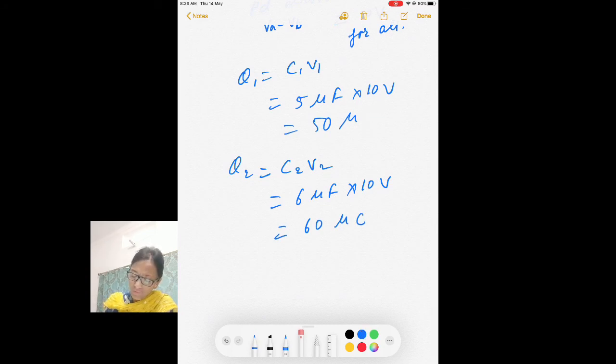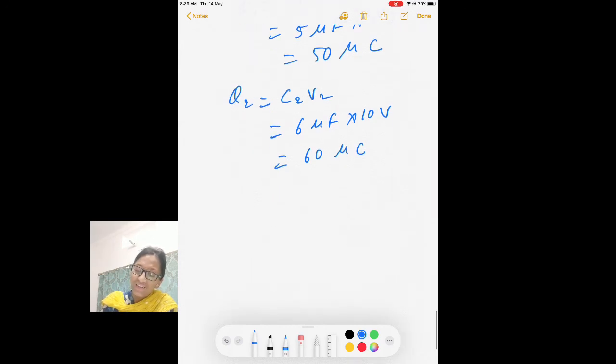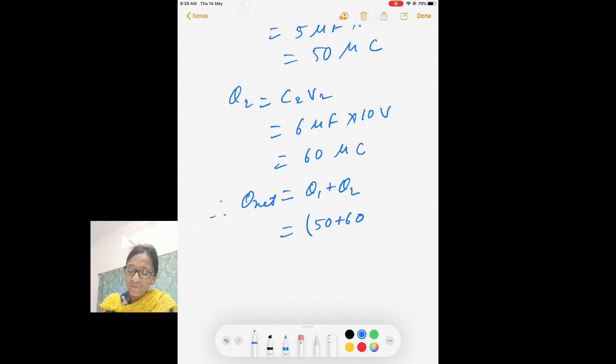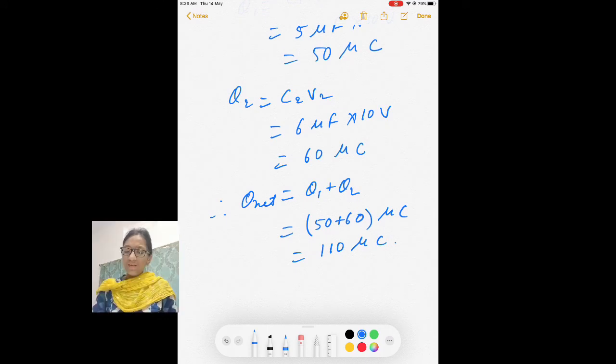The unit of charge is coulomb. Therefore the net charge Q net, since charge is conserved, must be equal to the equivalent charge.